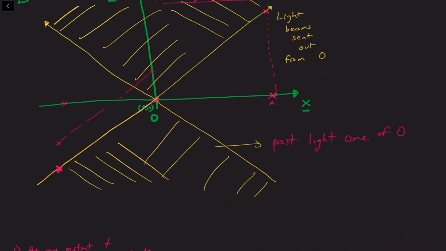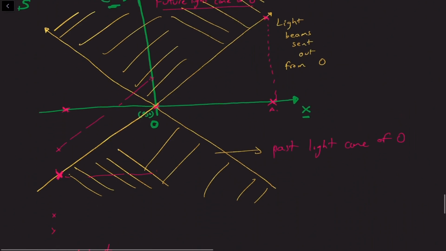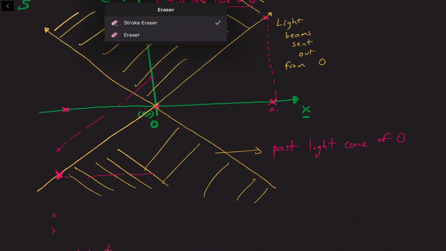So to communicate with O, the spatial point over here must be sending out signals at least at this time, or if not, at earlier times. So the past light cone of O tells you all the space-time points that can possibly influence O at the time t is equal to 0.